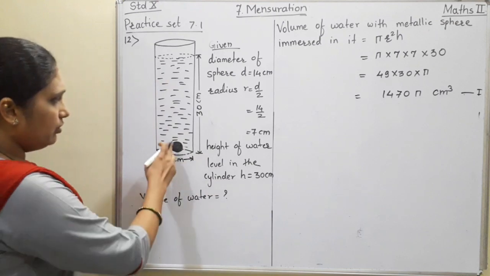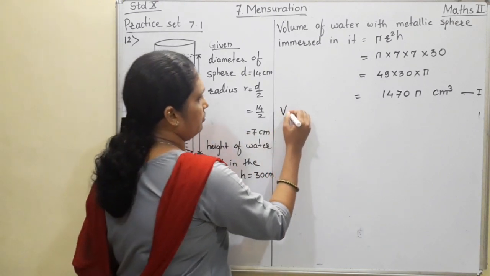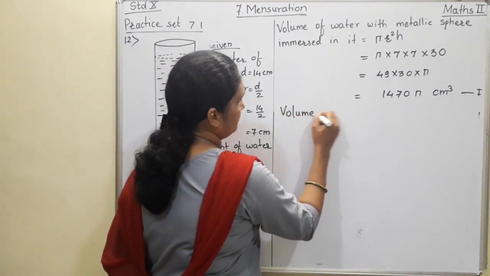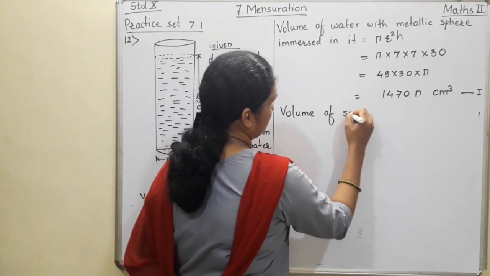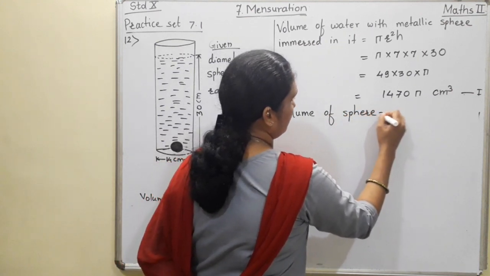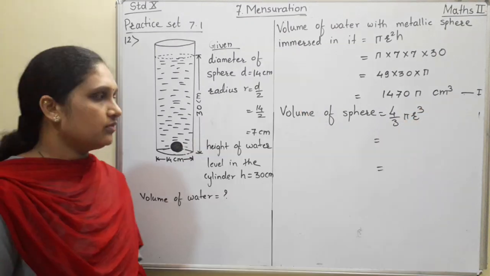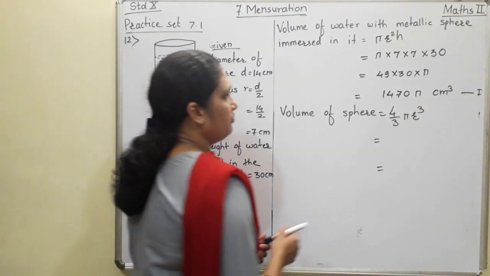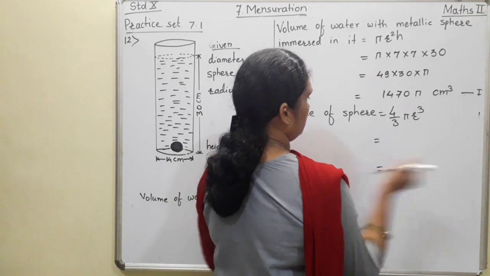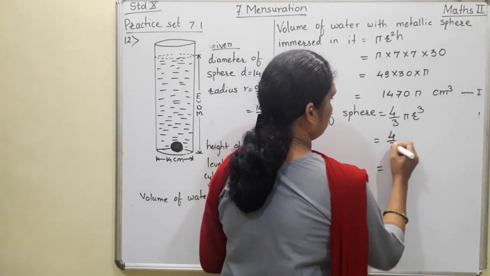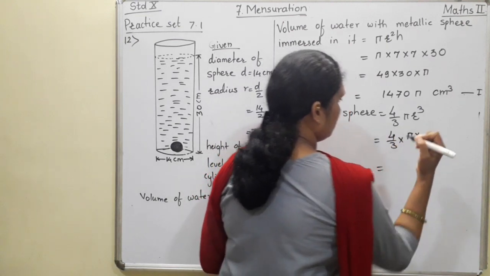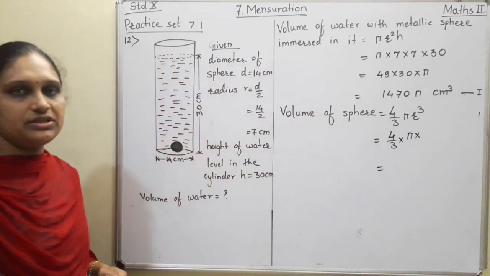Now I'll find the volume of the sphere. So volume of sphere, the formula is 4/3 pi r cube. Now we'll put the value: 4 upon 3 into pi into the radius of the sphere.